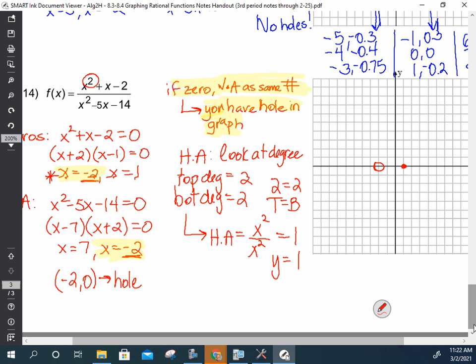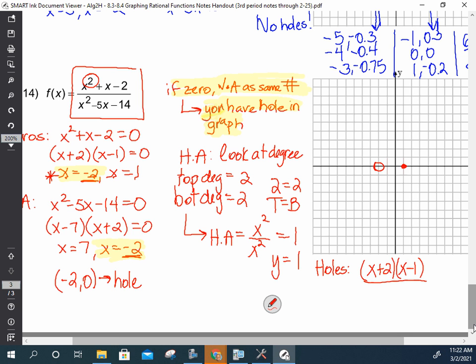Now let's take care of the holes in the graph. Holes in the graph means take the function and simplify it. So take your function and simplify it. So it gives you x squared plus x minus 2. We already factored that out earlier.